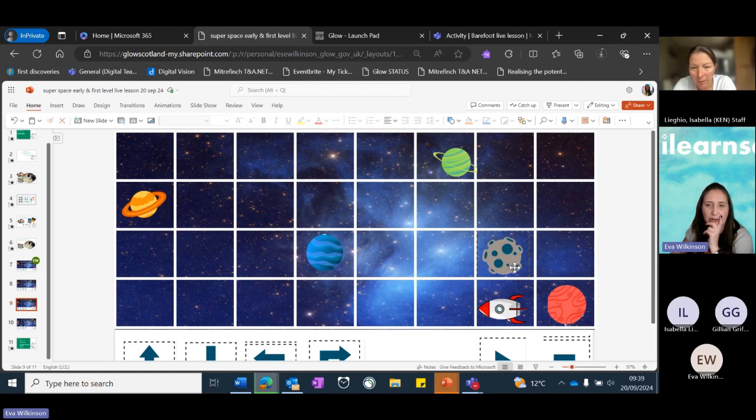Can you see this sort of brown, kind of grey shape with circles on it? This is an asteroid and we want to avoid that, because if that bumps into our rocket, well, that would be our mission would be over. Okay, so we need to avoid the asteroid and we need to make our rocket travel to the green planet.